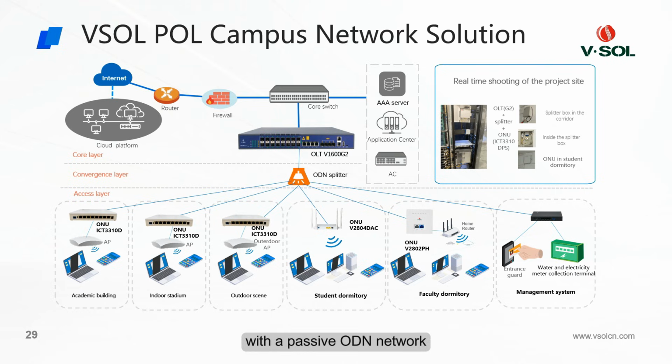With a passive ODN network, VSOL helps the campus complete network coverage from fiber to the desktop, with different kinds of access terminals such as ONU, ICT3310, etc. These meet users' access demand for high-speed internet, IPTV, etc., and can also make it possible to achieve video surveillance, campus smart cards, and other services.